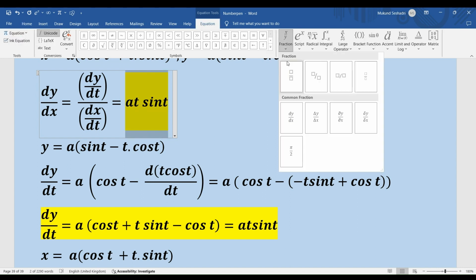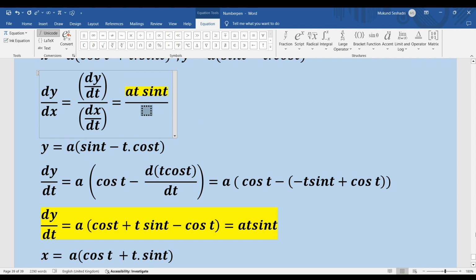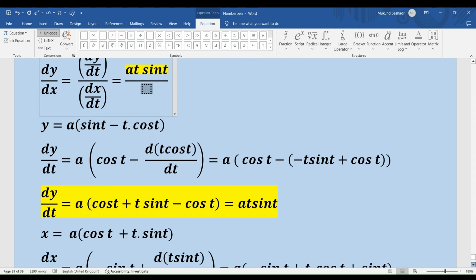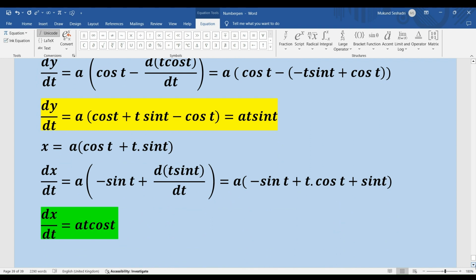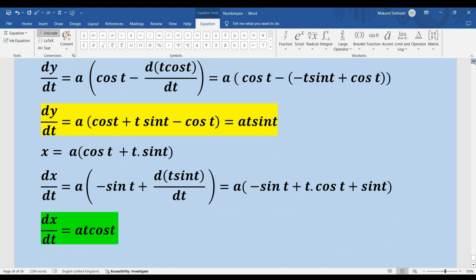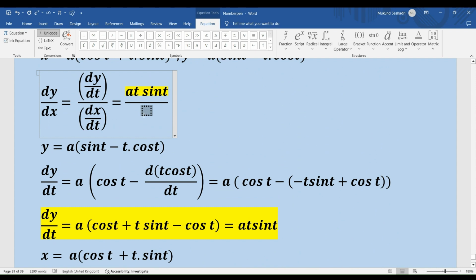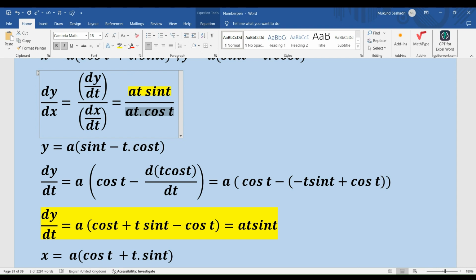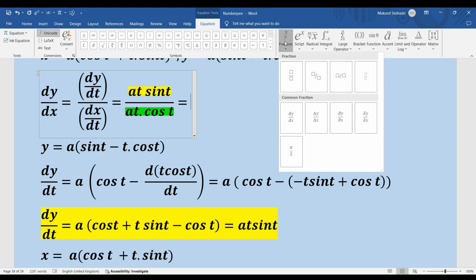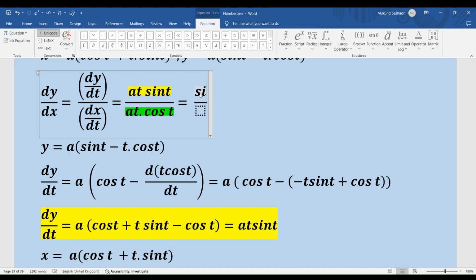And then I'm going to put my dx by dt, which is my green expression, which is a t cos t. So there I have a t sine t divided by a t cos t. What happens to my a t? It cancels out, and then I'm left with sine t by cos t, which is nothing but tan t.